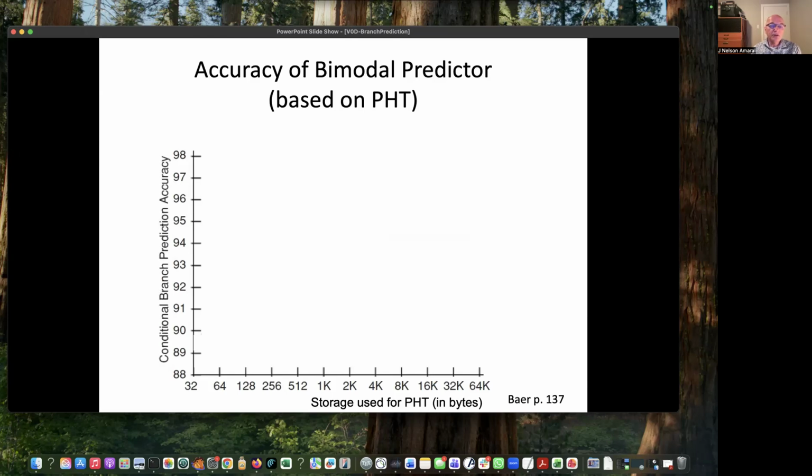This is the conditional branch accuracy, based on 10 SPEC 89 traces. And what you see is that as you increase the size of the PHT, the accuracy improves up to about 2K. Any PHT that's larger than 2K does not give you much more accuracy after that.